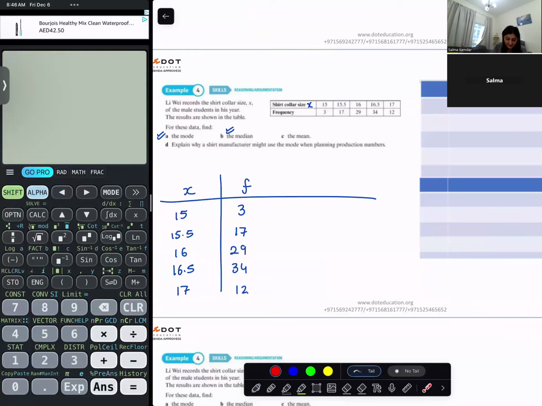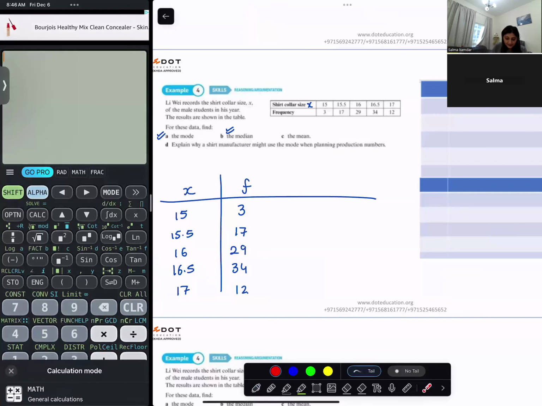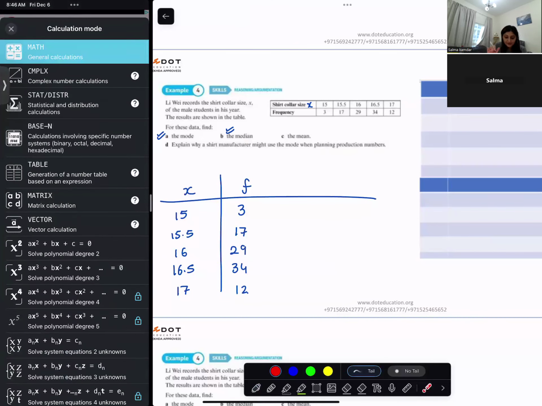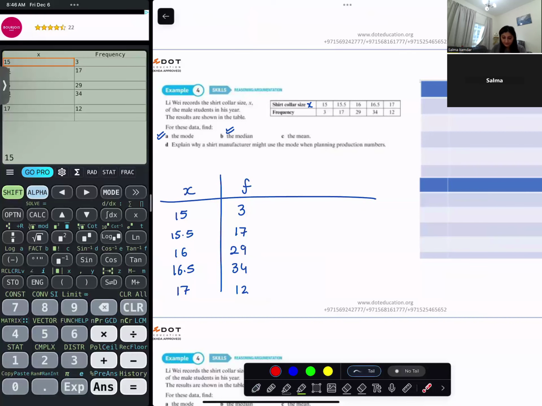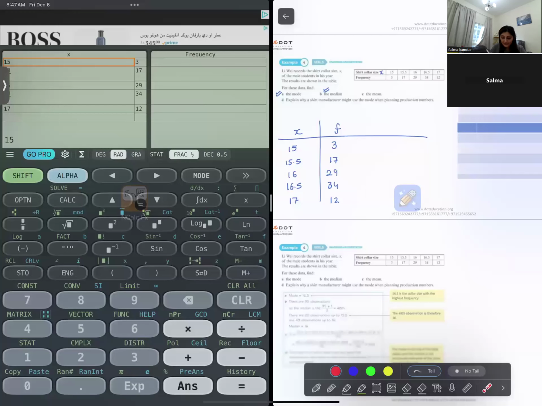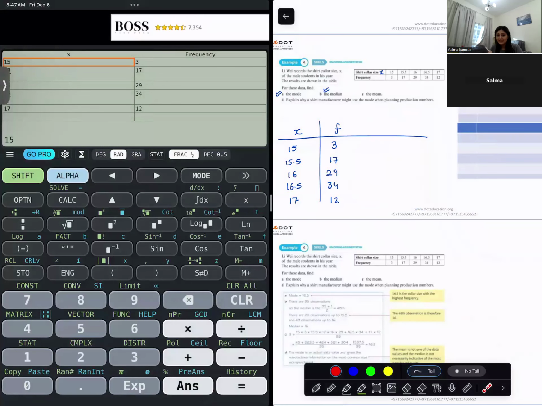It is very easy. I'll go on the calculator, go to the mode, go to the statistics part, and choose variable. When I get the variable, I hope you can see my screen properly, I'm going to input my x and my f.